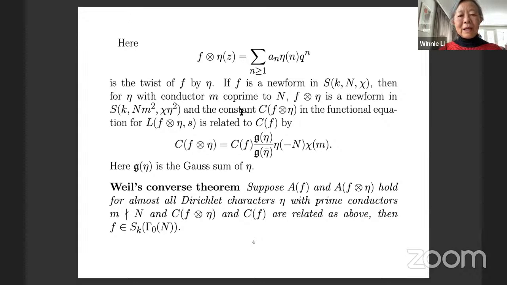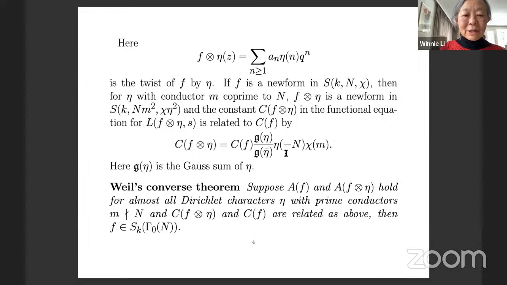Moreover, in the functional equation for this new form f twisted by eta, the constant is related to the constant for f in a very explicit way. Namely, the quotient is the Gauss sum of eta over the Gauss sum of eta squared, times eta at minus N times chi of m. So it is very, very explicit.